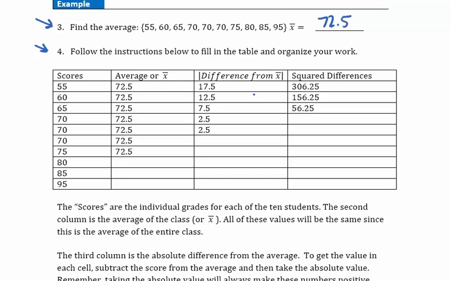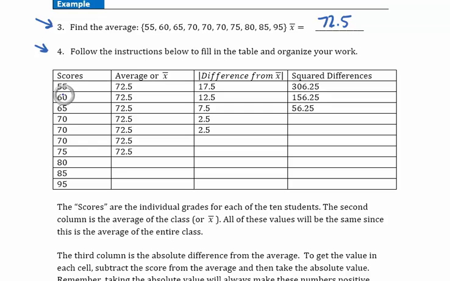So with our differences here, we don't worry ourselves with whether these are a positive or negative value. We always take the absolute value to make them all positive. So notice, even though this first score of 55 was below 72.5, the difference we're considering to be a positive value, 17.5. Okay, so finding that difference, and then we're going to square that difference.